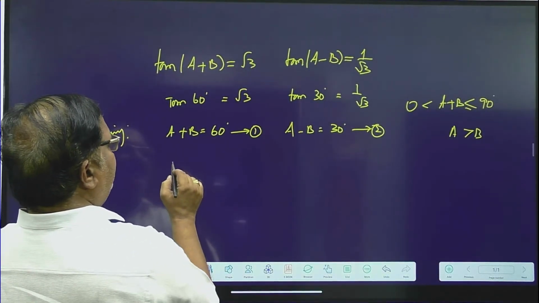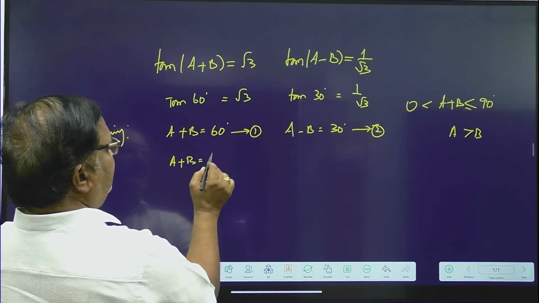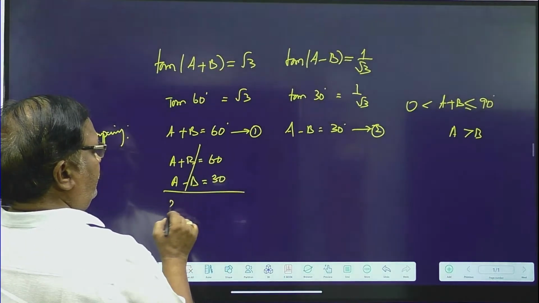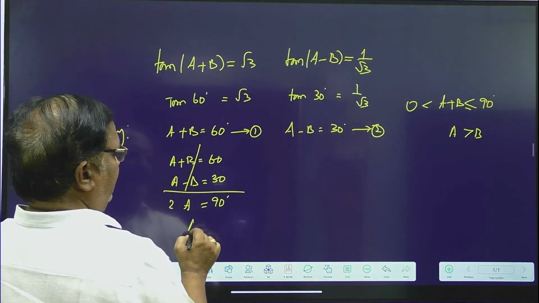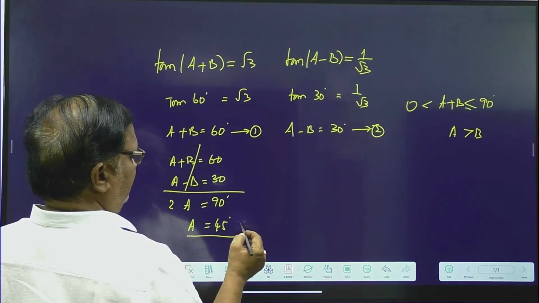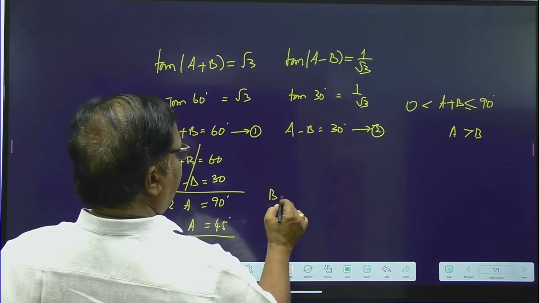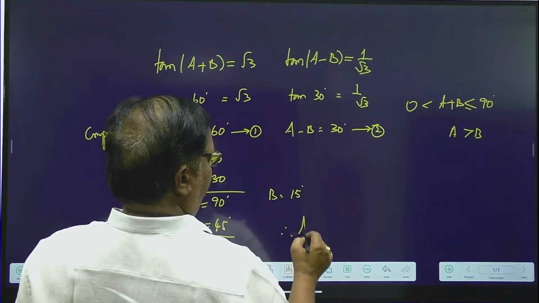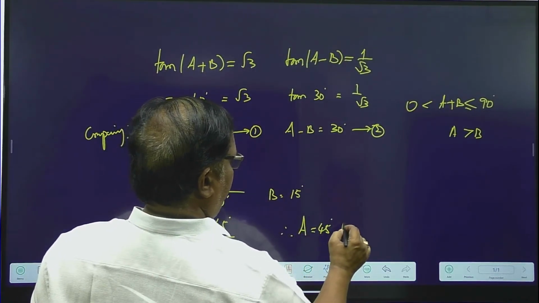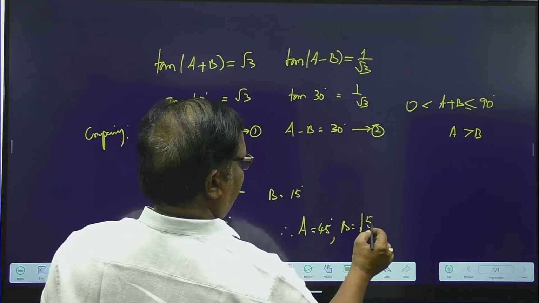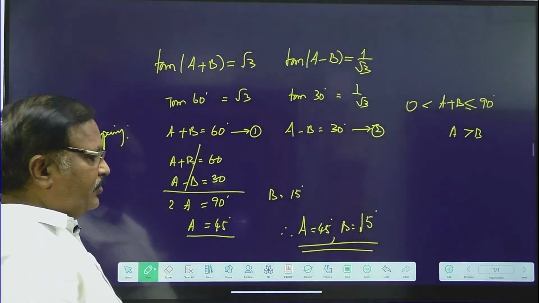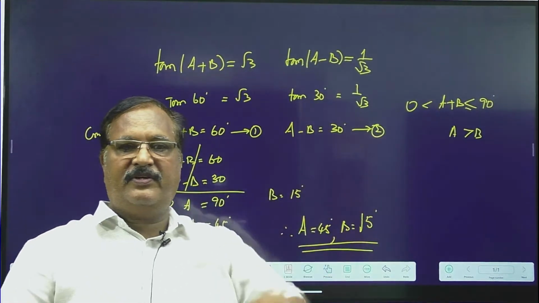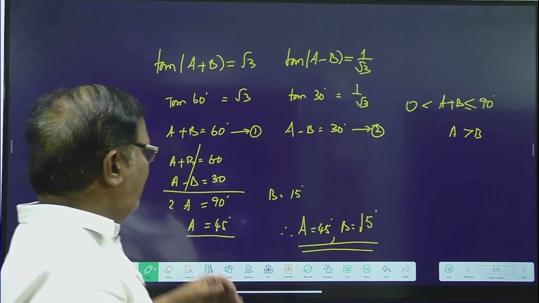If you add them, 2a is equal to 90 and a is equal to 45 degrees. Therefore, b is equal to 15 degrees. So a is greater than b, and everything satisfies our condition. Very important question, and an easy question also.